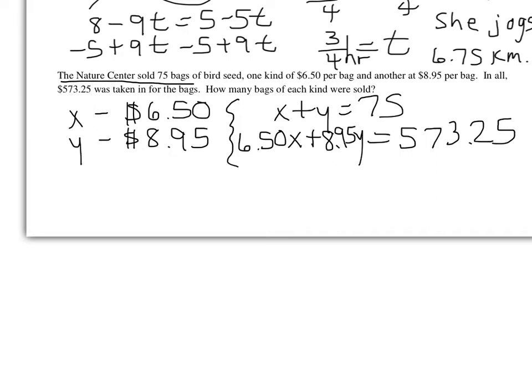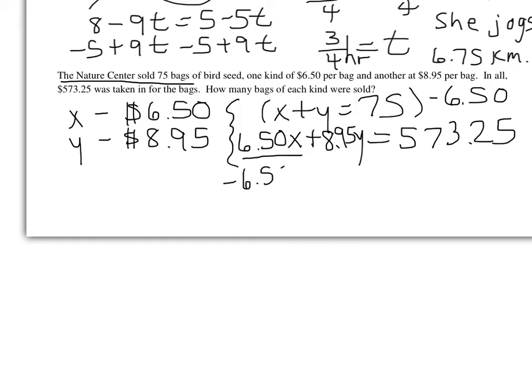We can do it by substitution or elimination. I'm going to do it by elimination this time. I have 6.50x, so I wish that my first equation had negative 6.50x. So I'm going to multiply the first equation by negative 6.50.